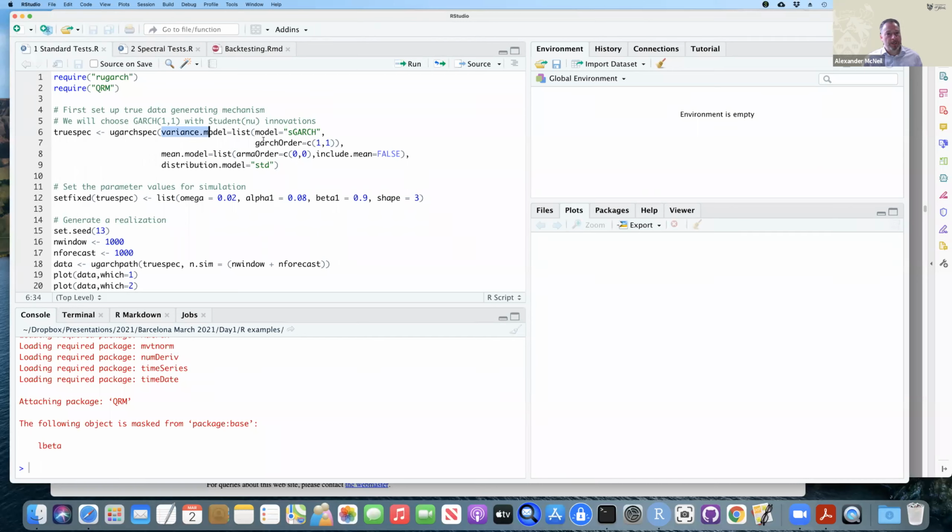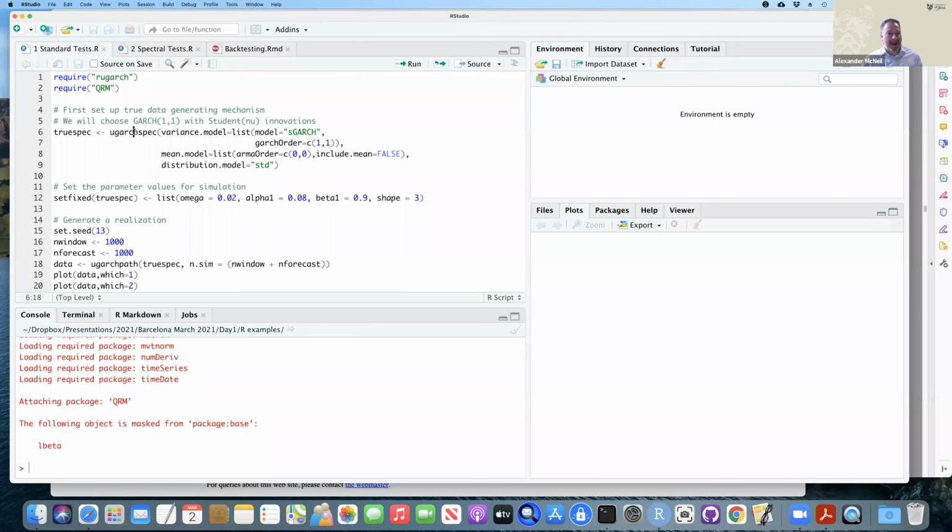And we'd specify a model for the variance, which is of standard GARCH type. The order is 1, 1. That relates to the p and q on the slides. We could add an ARMA model for the mean, but we don't. And the distribution of the innovations will be Student. So std stands for Student.